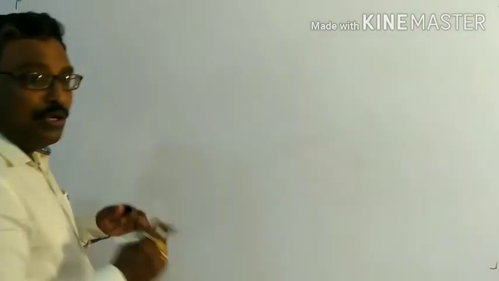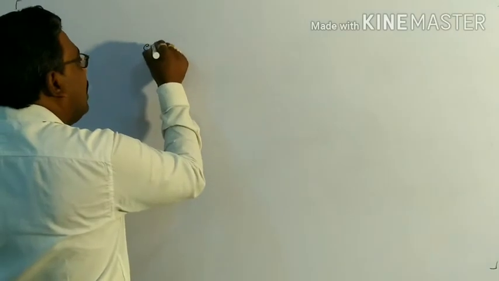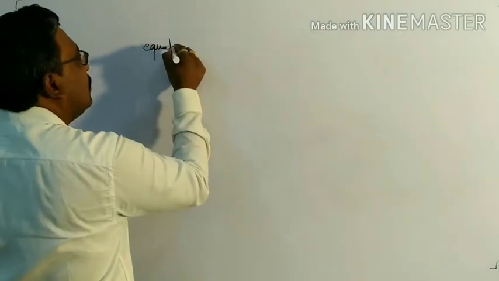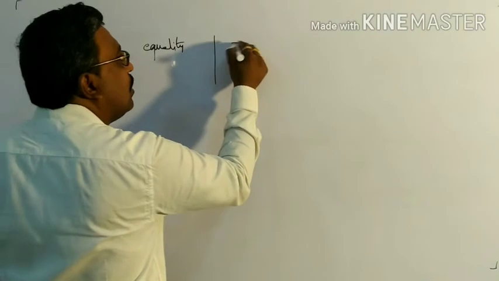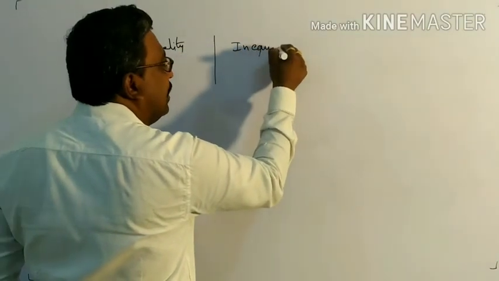Next, now come to the heading, linear equations. Okay? Equation. We have two kinds of symbols. One is equality and the other one is inequality.